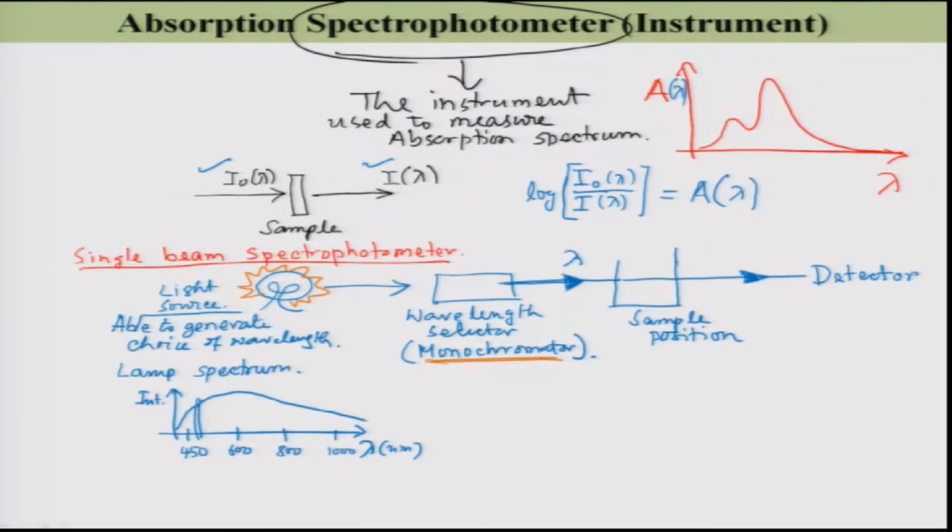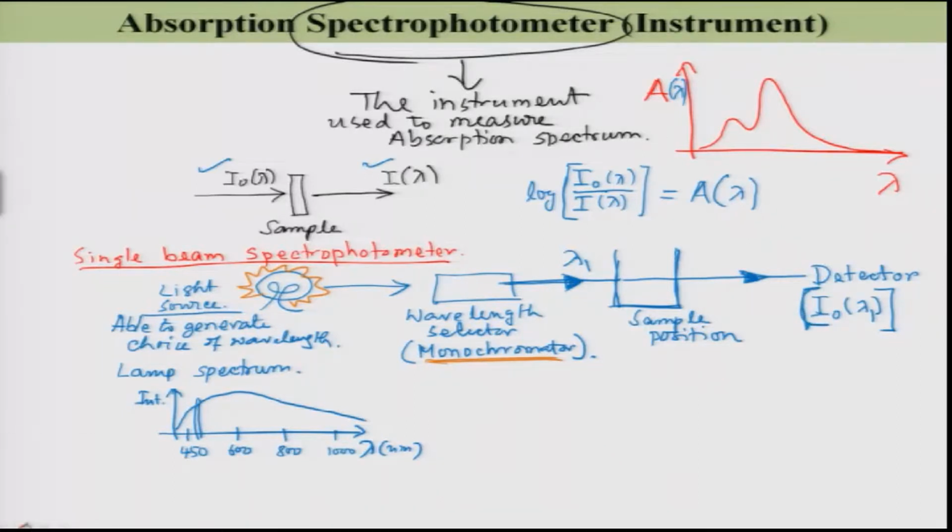Now, if I do not have any sample in this position, that means it is the blank, then the signal intensity detected at this detector will be I0. So, I can get the value of I0 easily for this particular lambda, let me name it lambda 1, and here is I0 for this lambda 1.